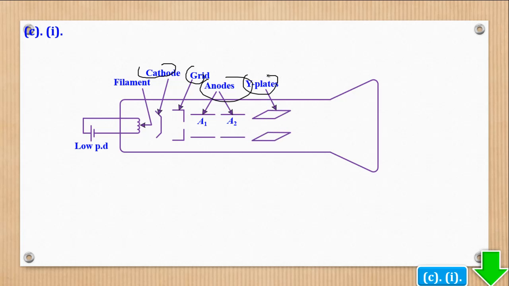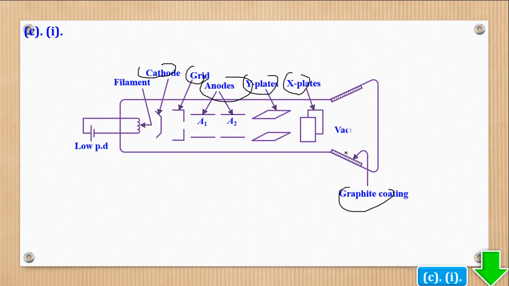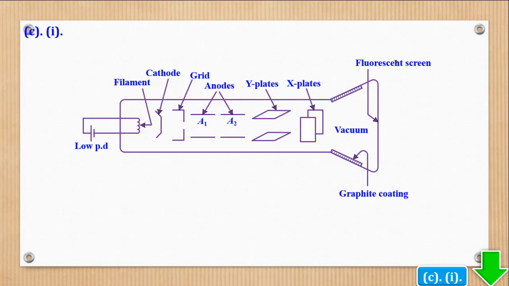then the Y plates, the X plates also, graphite coating, vacuum, and the fluorescent screen. Then the earthing needs to provide the potential.